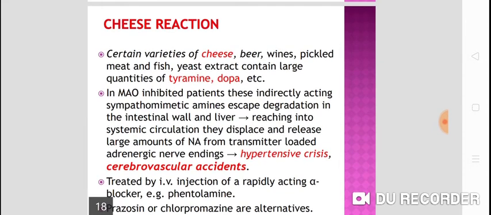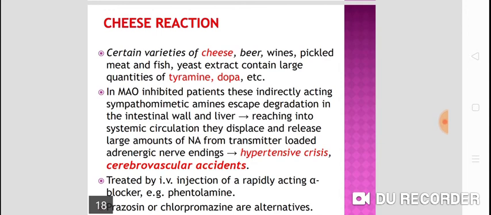And so more and more tyramine will reach the systemic circulation, and they displace and release a large amount of noradrenaline from transmitter loaded adrenergic nerve endings, and because of that it may lead to hypertensive crisis or cerebrovascular accident, and that is called the cheese reaction.